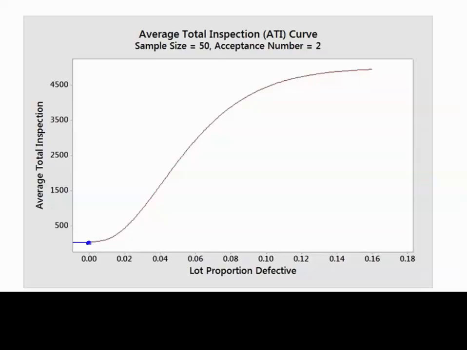If we're rejecting all the lots because they're running at 20% defective, then we're going to be up here at an average of 5,000 per lot, which is everything. So depending on your proportion, you can get an idea of how many units per lot, on average, we are going to be inspecting.